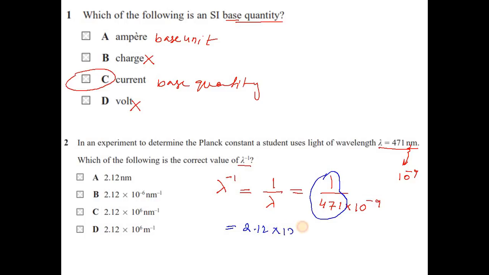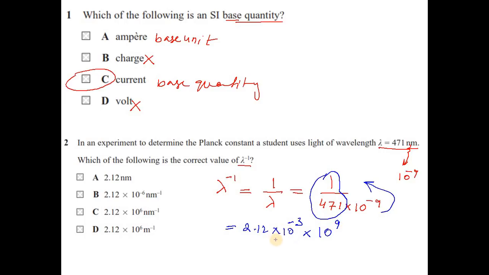10 to the power minus 3, and if this 10 to the power minus 9 you take up in the numerator, so according to the arithmetic law of exponents, this 10 to the power minus 9 goes up and becomes 10 to the power plus 9.